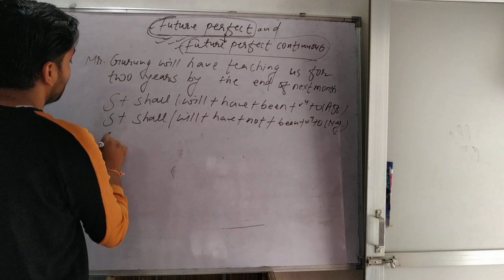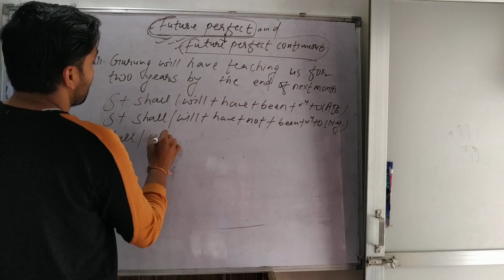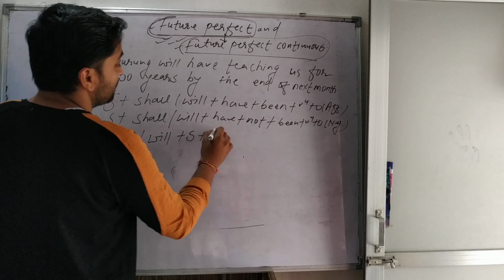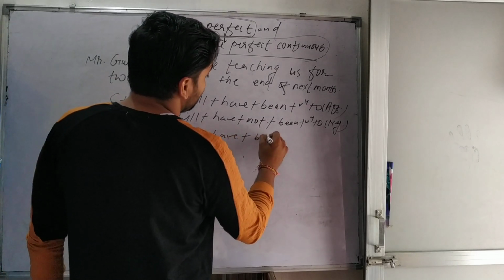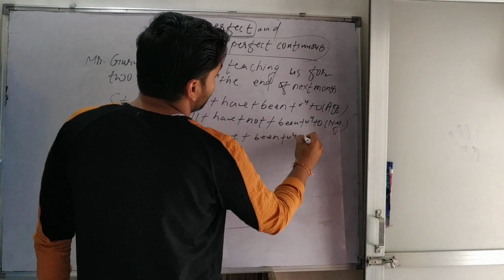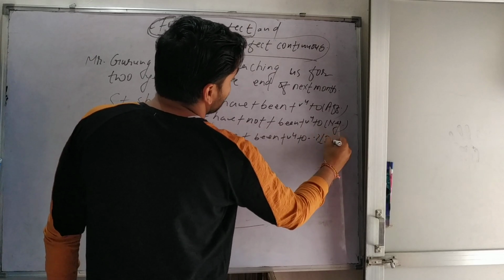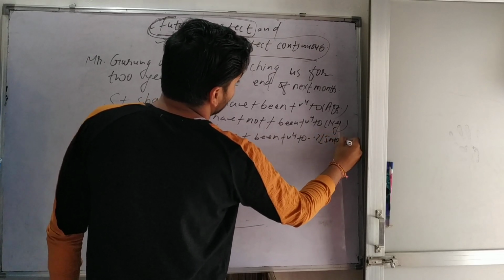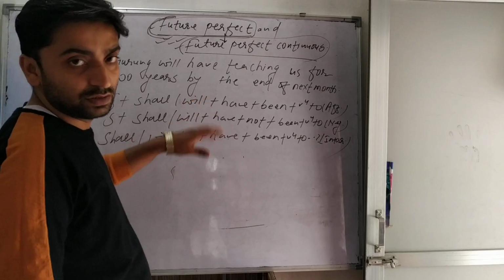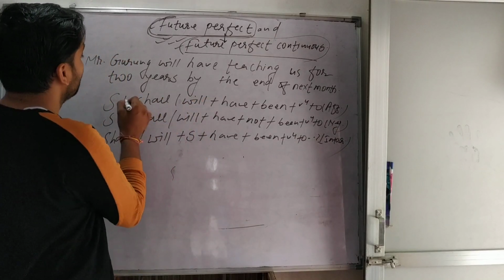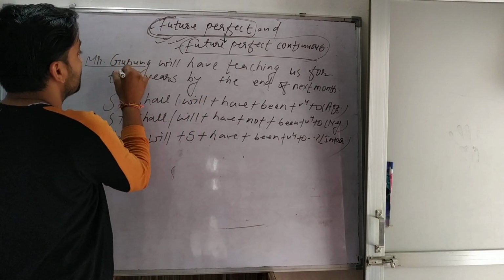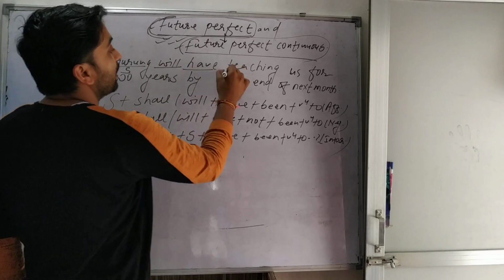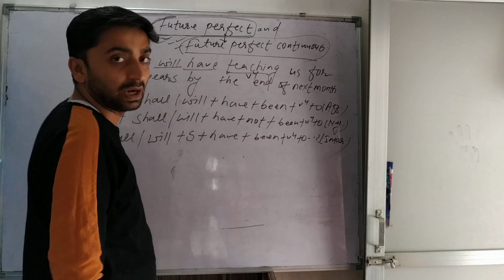Similarly, the last one is shall, will plus subject plus have plus been plus verb plus object and question mark. It is the interrogative one. Okay, so the form is very easy here. Like here is also Mr. Gurung, subject, will, have, been, and present participle.